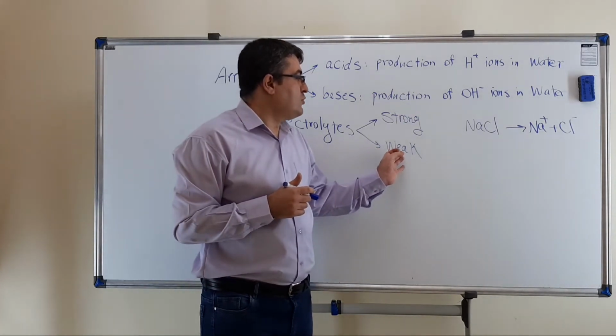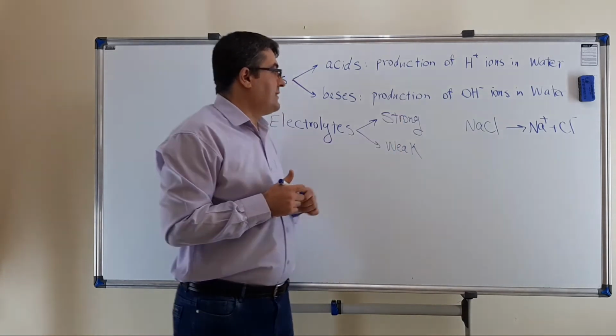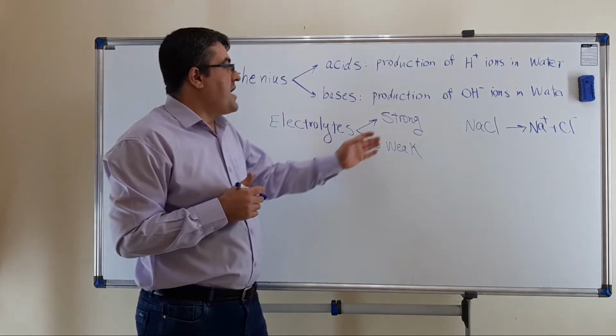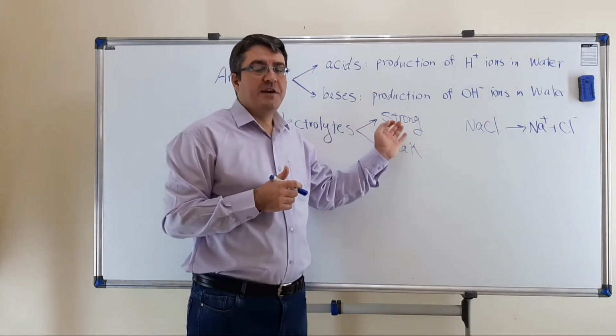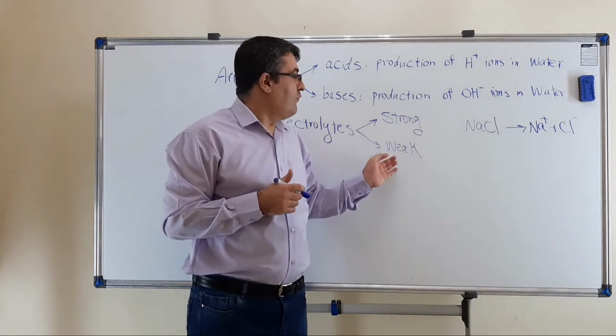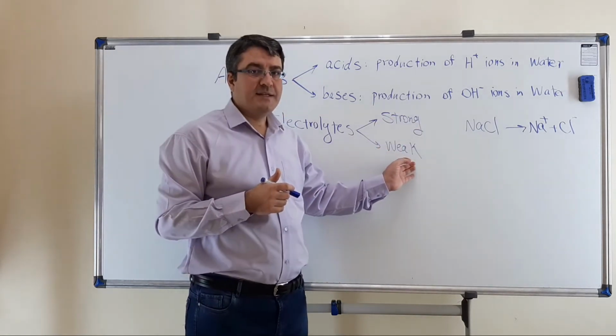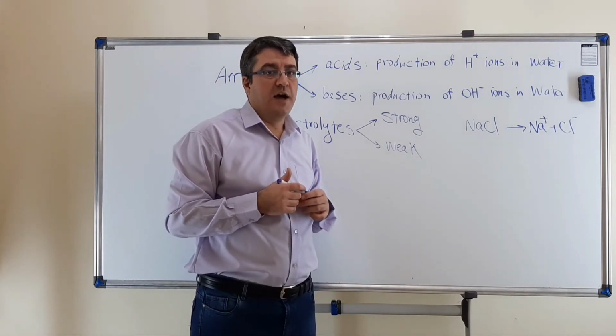We sometimes use similar terms for acids and bases. Strong acids and bases are associated with complete or near complete ionic dissociation, while weak acids and bases are associated with partial ionic dissociation.